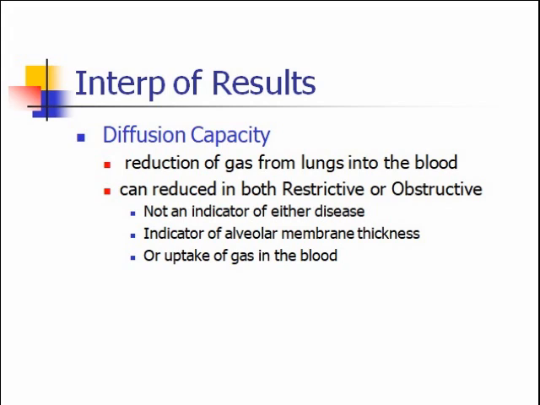It's not an indicator of restrictive or obstructive disease. It can occur in both of them as well as normal measurements. And it's an uptake of gas into the blood. And that's the essence of this measurement.